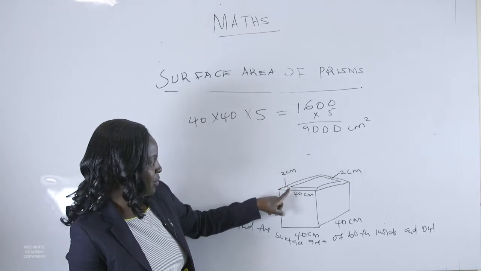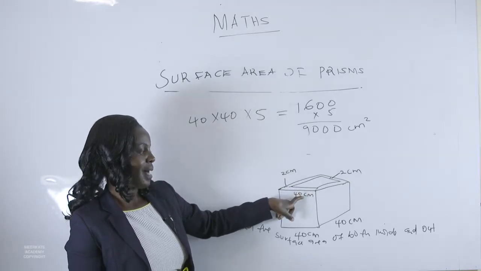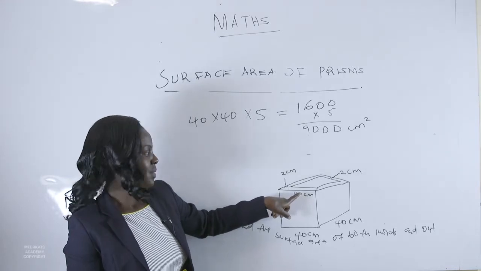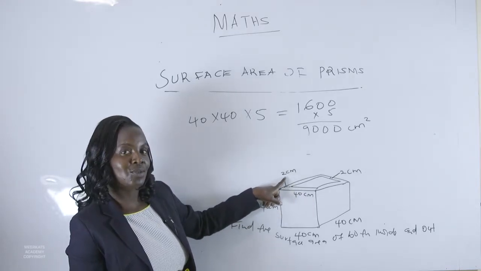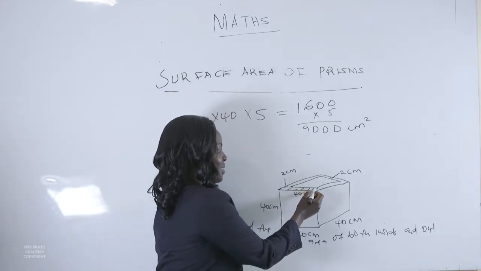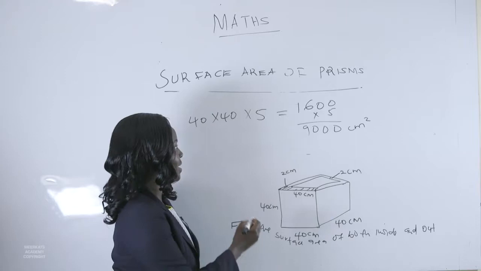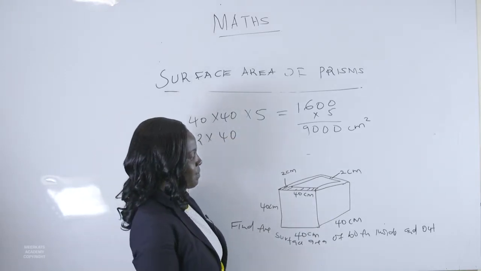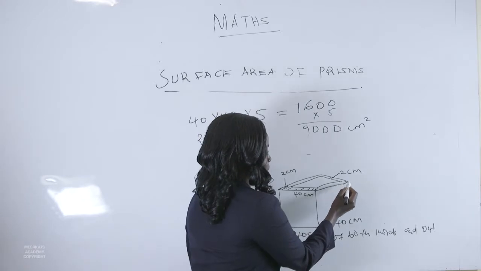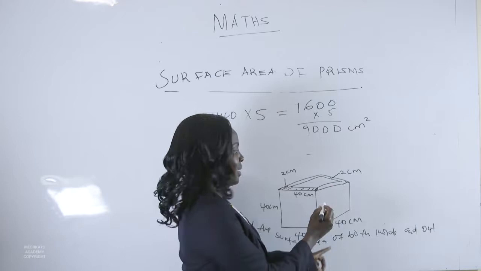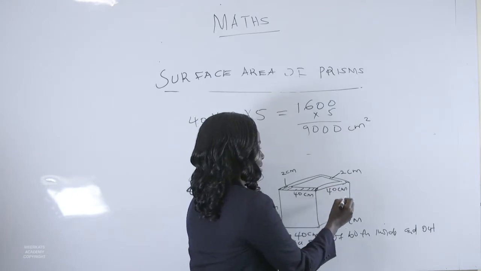If we introduce the dots, this will form a rectangle that is measuring 40 by 2. So for us to be able to calculate the surface of this top, we say 2 times 40. It is the same case here also, because thickness is 2 and the length is 40.